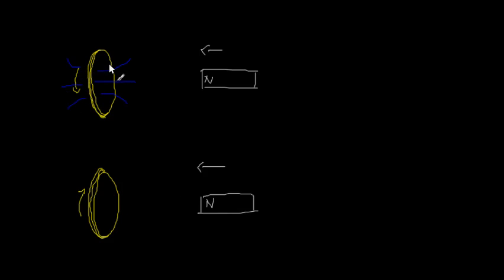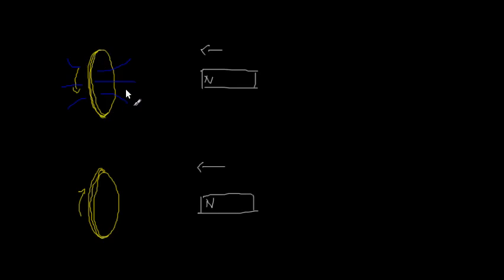If the current is going this way, we can determine the direction of this field using the right hand thumb rule. We would stretch out our right hand flat, put the side of our right hand near the loop, and wrap our fingers round in the direction of the current.